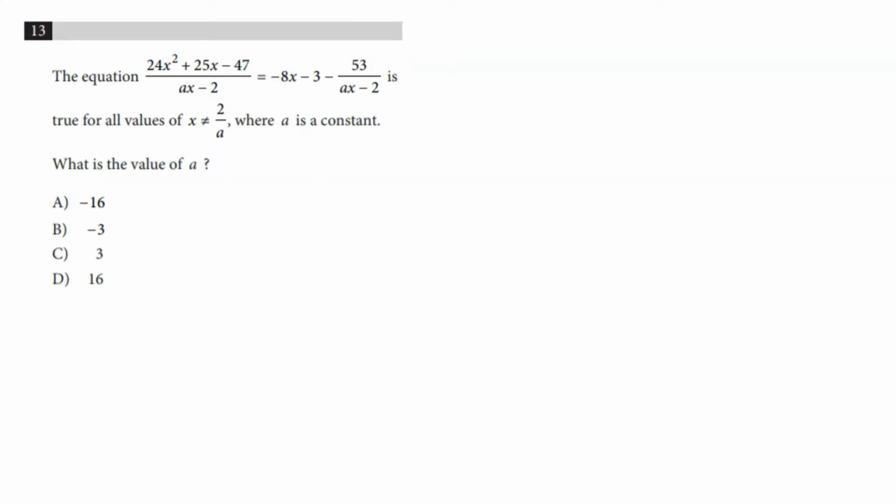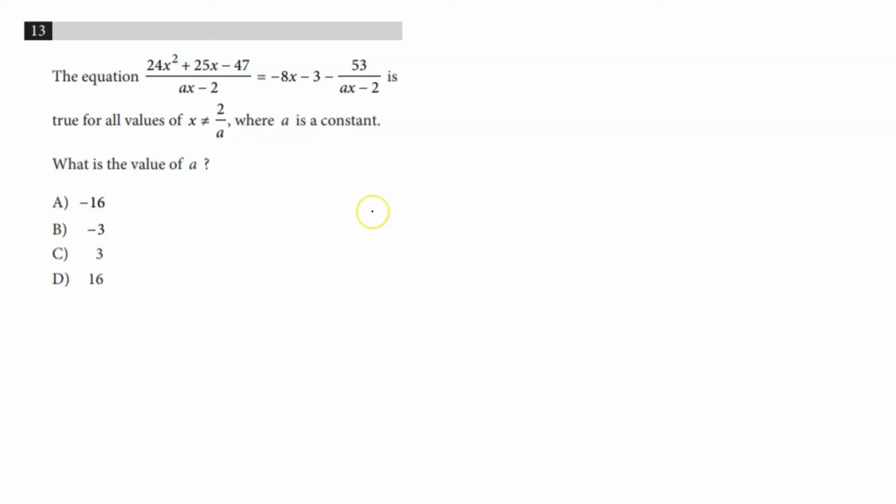Question 13. The equation (24x squared plus 25x minus 47) all over (ax minus 2) equals -8x minus 3 minus 53 over (ax minus 2) is true for all values of x not equal to 2 over a, where a is a constant. What is the value of a?